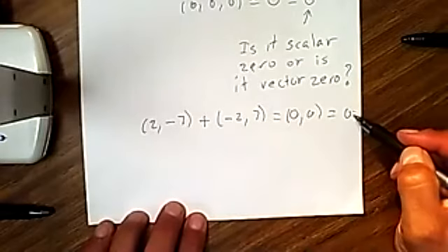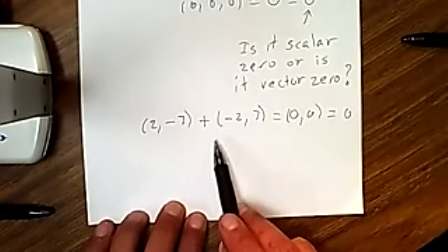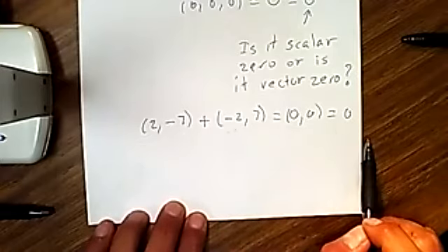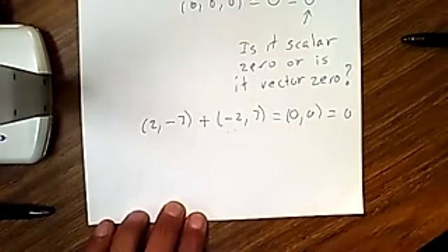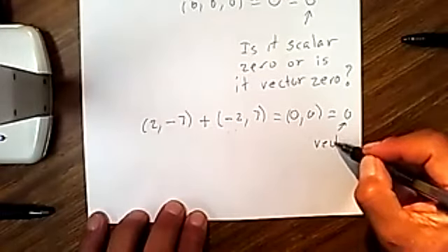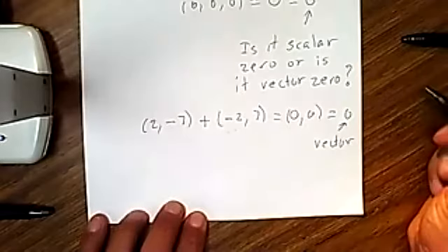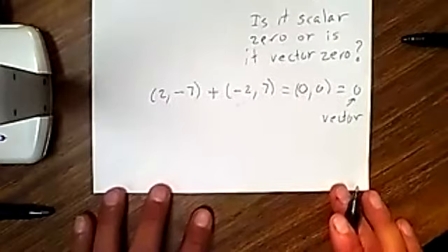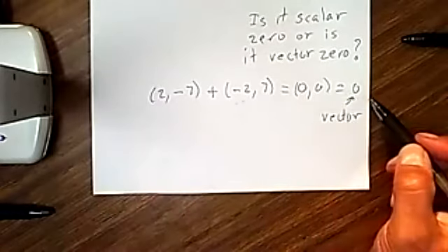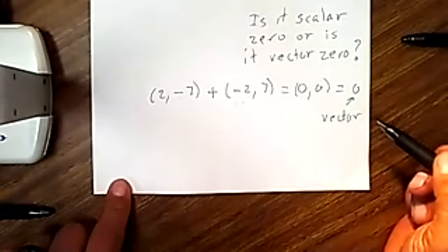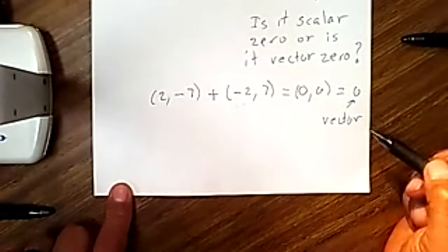And we mean this is a vector because we are adding 2 vectors, and when we add 2 vectors, we end up with a vector. So that is the zero vector.